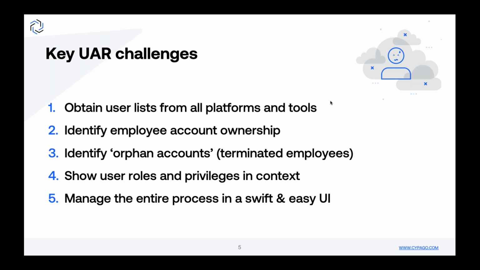Also, to be able to identify what are called orphan or dormant accounts, the result of employees who were terminated and left the company, but their users are still active for some reason. That's a possible security breach, and avoiding it is one of the good security practices that every security organization needs to adopt.